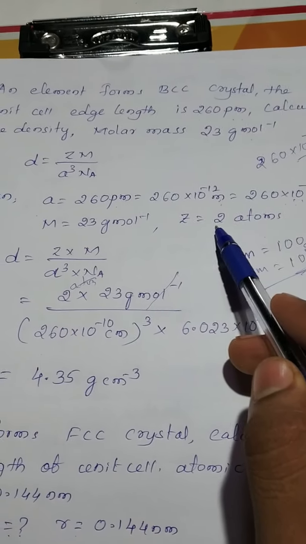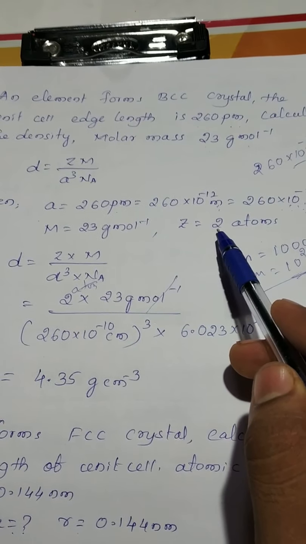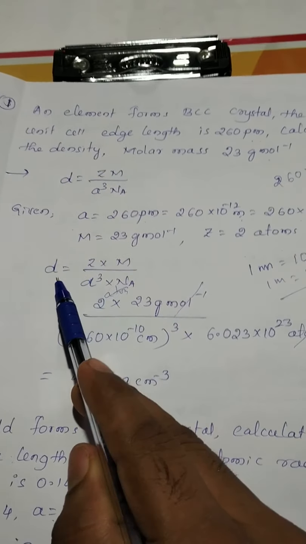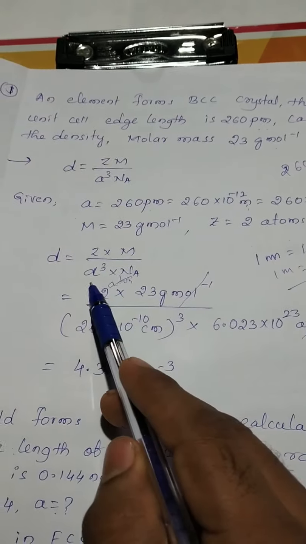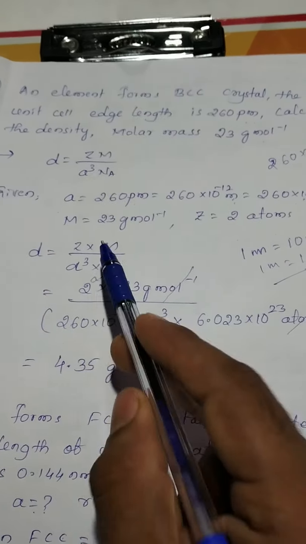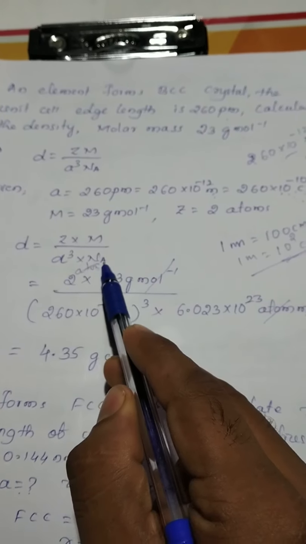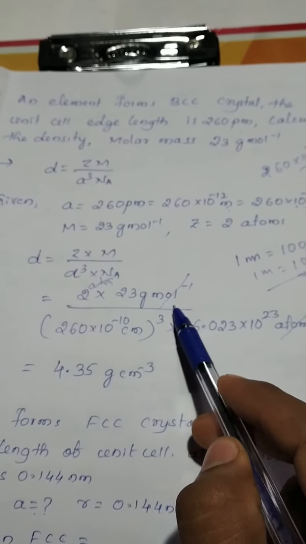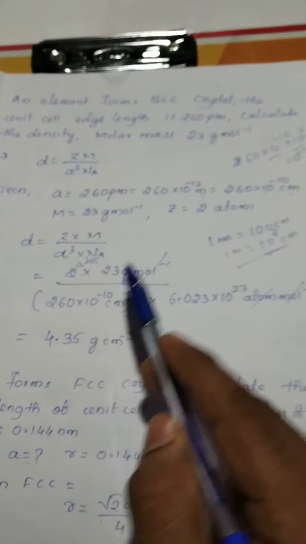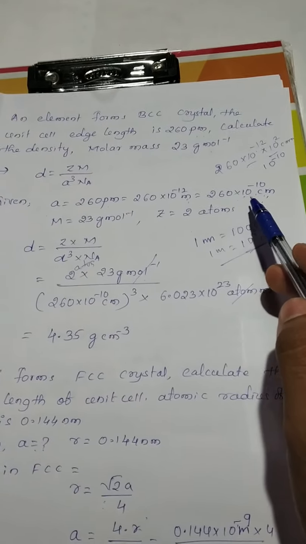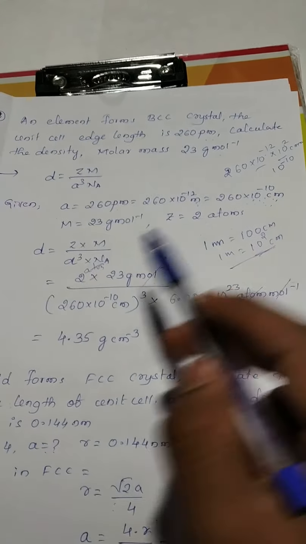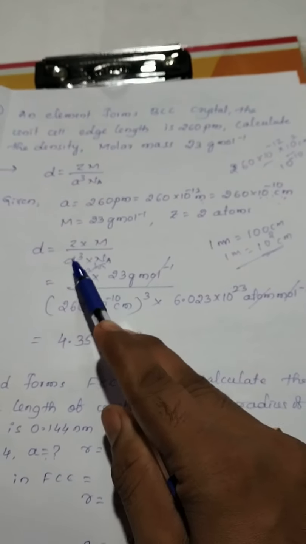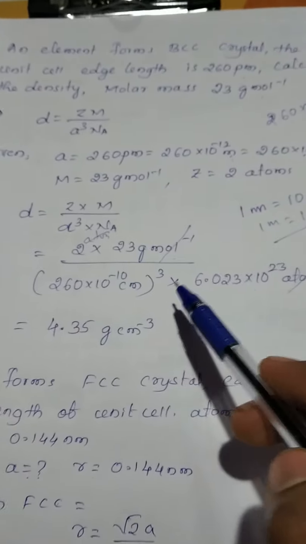M is given as 23 gram per mole. Since it is a BCC crystal, Z is 2 atoms. Formula: D equals Z into M divided by A cube into Na. Substitute Z equal to 2 atoms, M 23 gram per mole, and A cube, where A is 260 into 10 raised to minus 10 centimeter, whole cube.